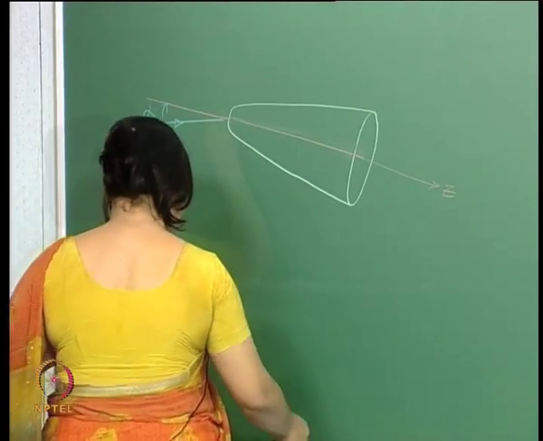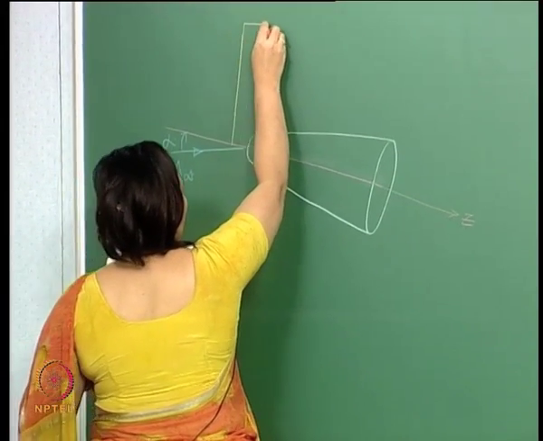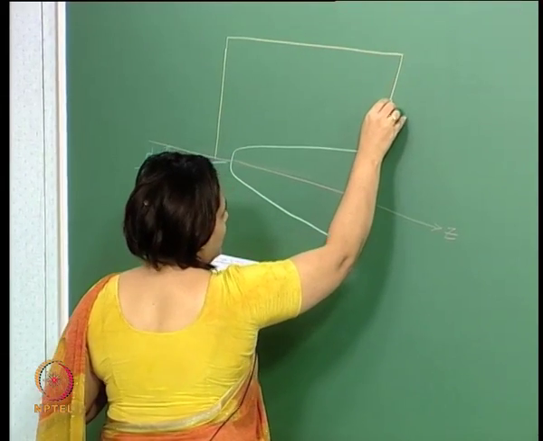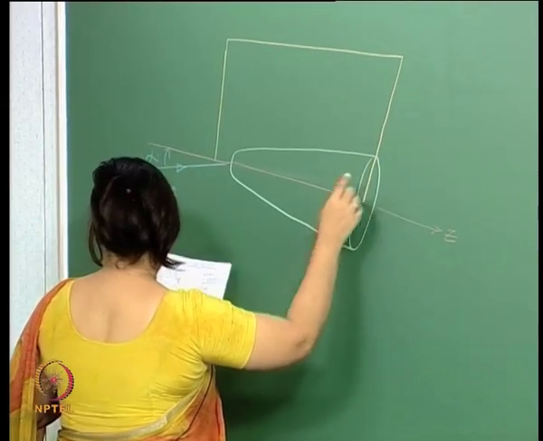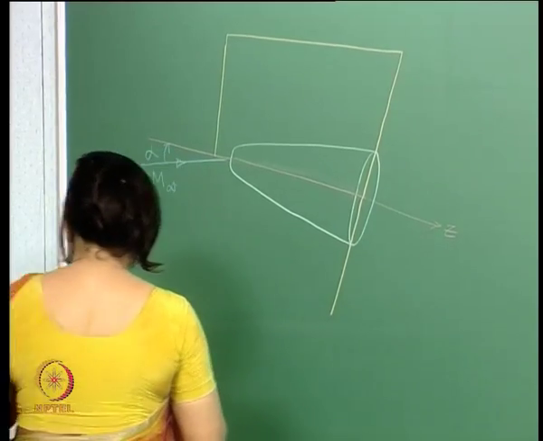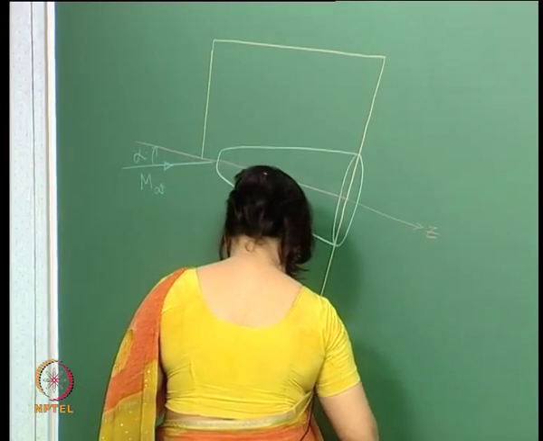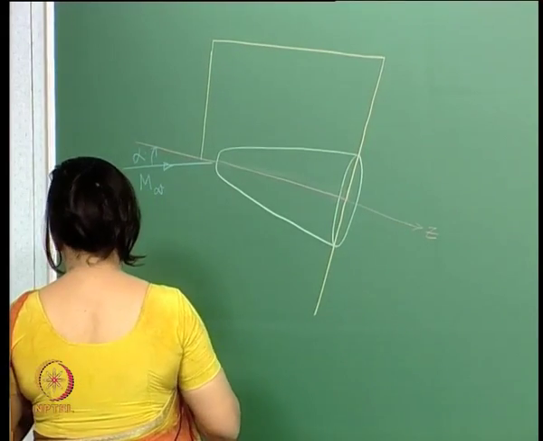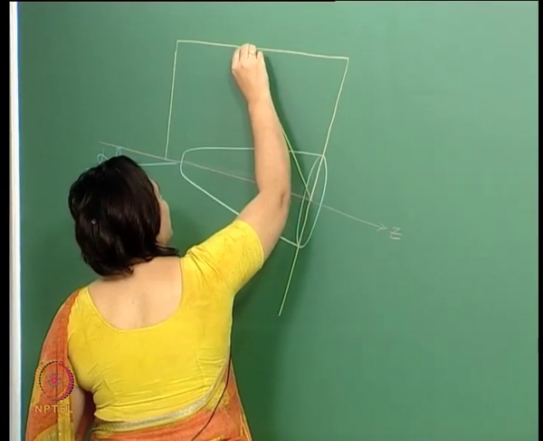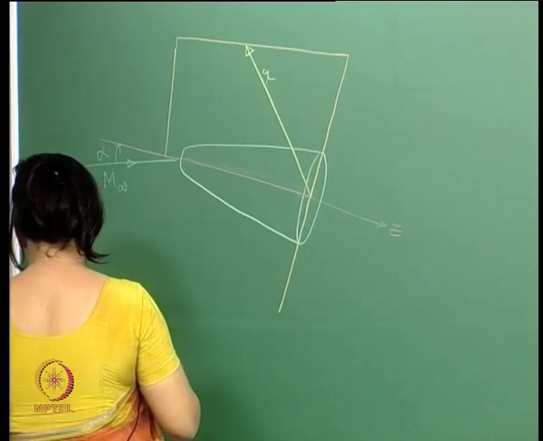Now, I am basically looking at a plane like this, and I take a radial vector like this.